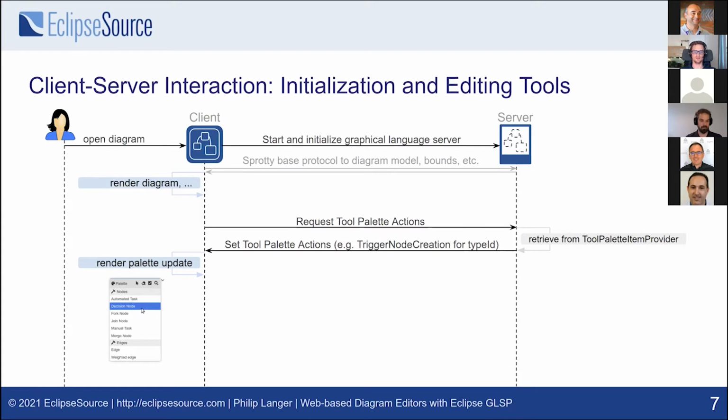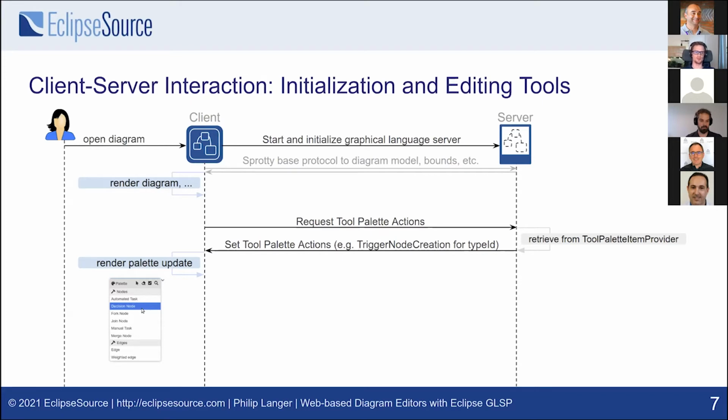One example is the tool palette action, but there are many more, which is a way that the server can communicate which operations and actions a user can apply in which contexts. It specifies the type of operation the user can apply, some additional UI information like labels and so on, and which action the client needs to trigger when this action is to be executed.